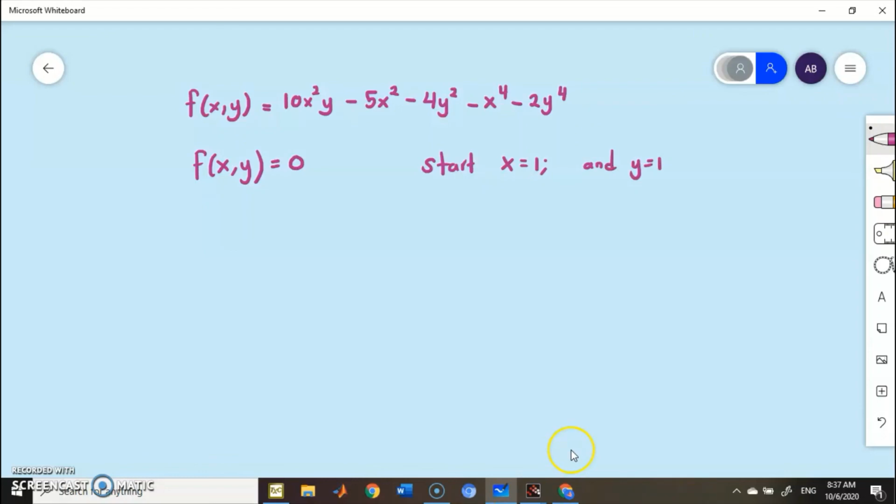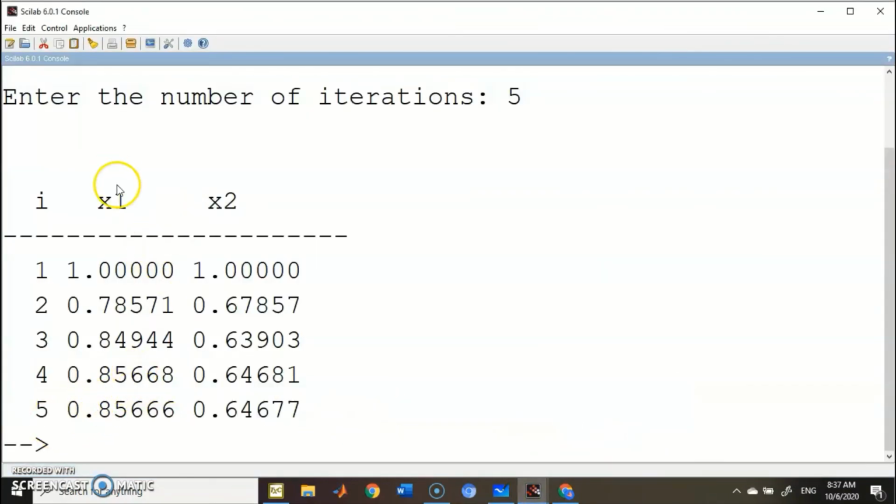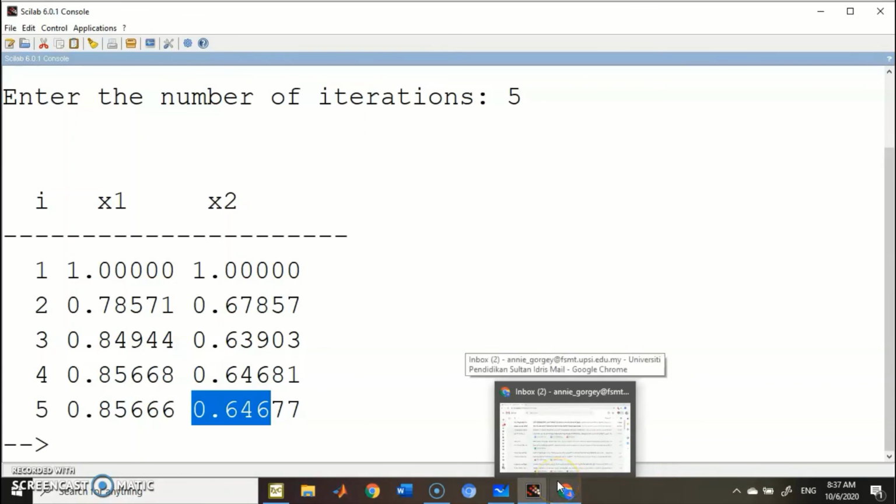But you can see that the solution converged to, for your x1 value, it's already converged to 0.856. And for x2, it's converging to 0.647. Okay, so that's the root. That's the root for the solution.